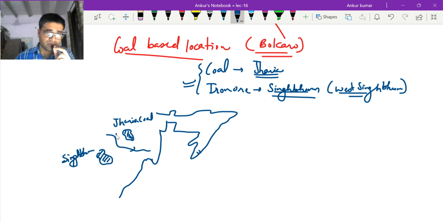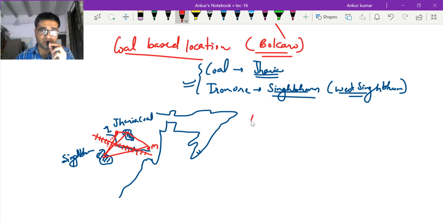The industry is located close to the coal fields, so this is the location of industry. And this is the railway line, and here it is the Kolkata market. So these are the two raw material centers, and this is the industry location. So this is the locational triangle for the coal based location.